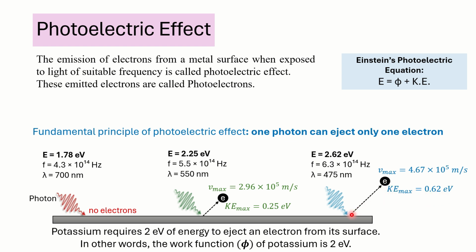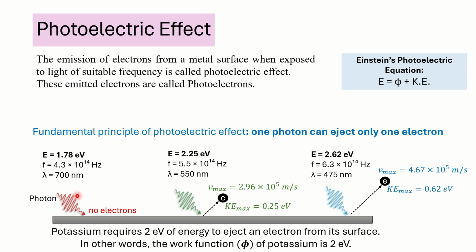So in this case the speed of the electron is more compared to the previous case. Here the speed of the electron is around 4.6 times 10 to the power of 5 meters per second.